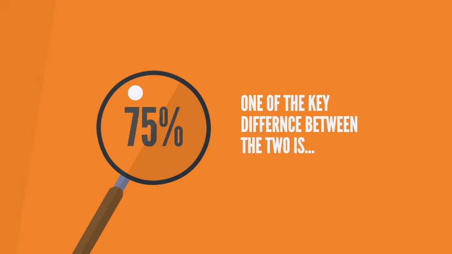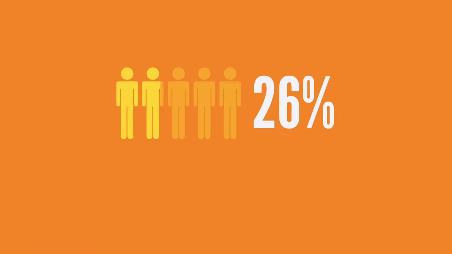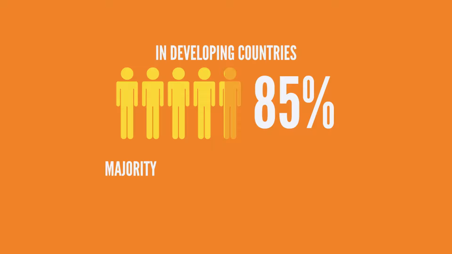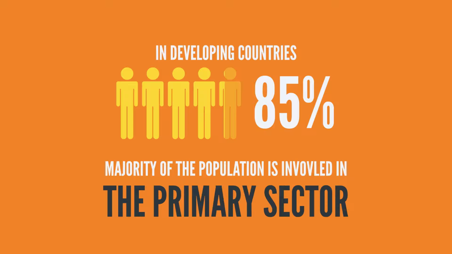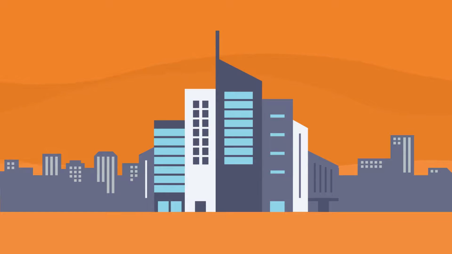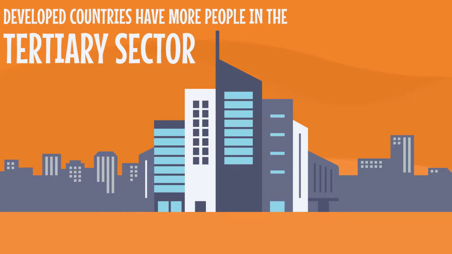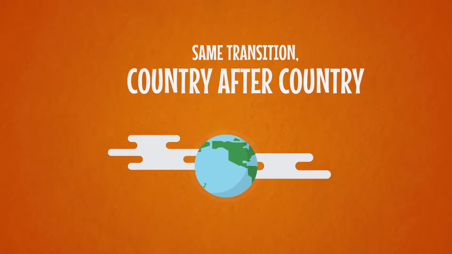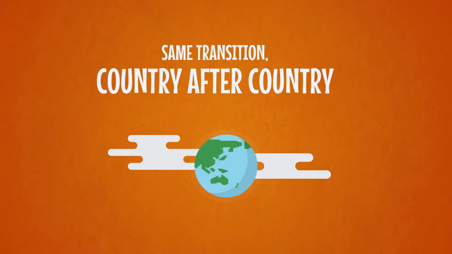One of the key differences between the two is that in developing countries, the majority of the population is still involved in the primary sector. And the more developed your economy is, the more of your population is involved in the tertiary sector. And that is the kind of transition you see in country after country.